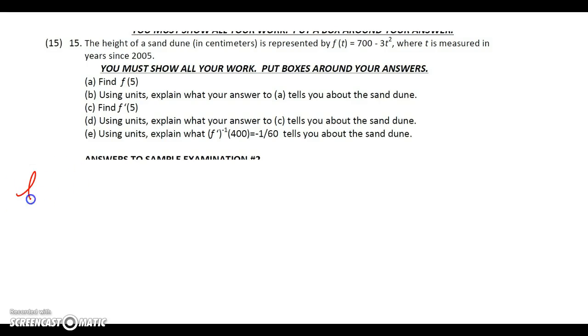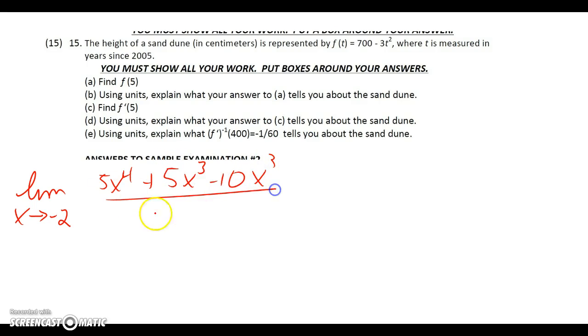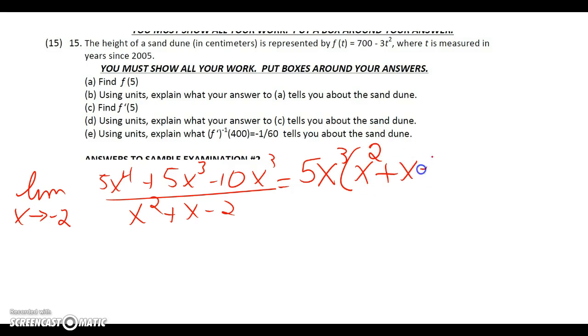So it's the limit as x goes to negative 2 of 5x to the 4th plus 5x to the 3rd minus 10x to the 3rd, all over x squared plus x minus 2. Alright, well, what we want to do is get rid of that denominator if we can. So we pull out 5x to the 3rd. We're able to factor that out. And what we have left is x squared plus x minus 2.